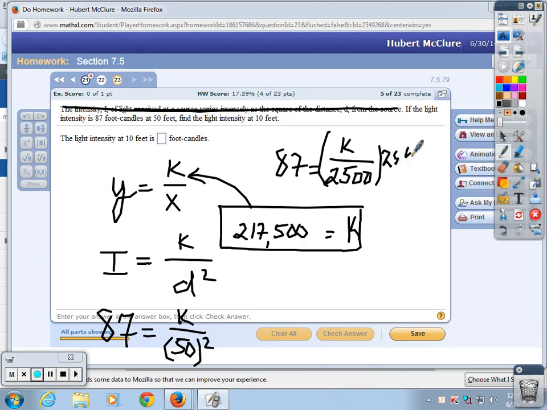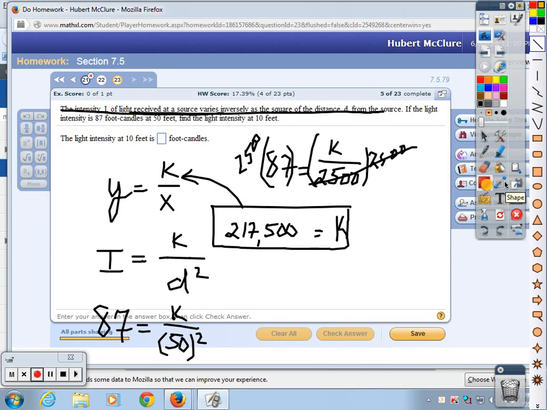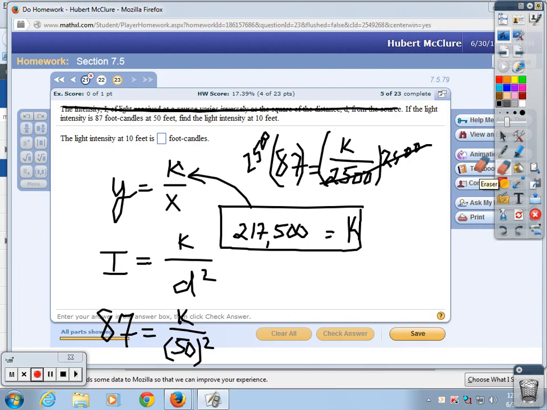Multiply by 2,500 on both sides. So I'm going to take that out over here. I'm going to put 217,500. Now, that's my new equation.